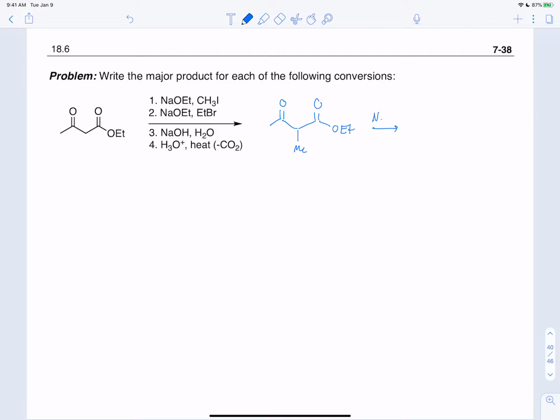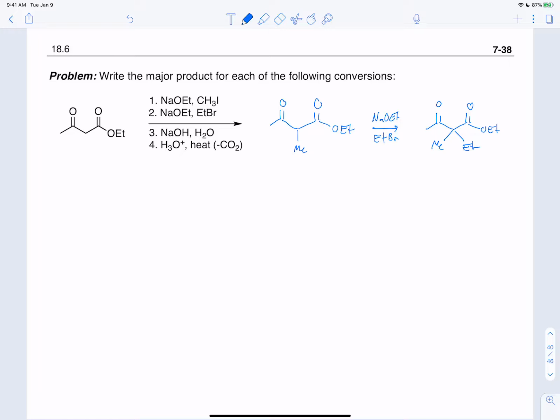So I'll write this step out. As I mentioned, we can now introduce a second equivalent. It'll still go to this central carbon because that's the most acidic. It has the most acidic hydrogen on it. And now we can make a compound that has both a methyl and an ethyl on this carbon.